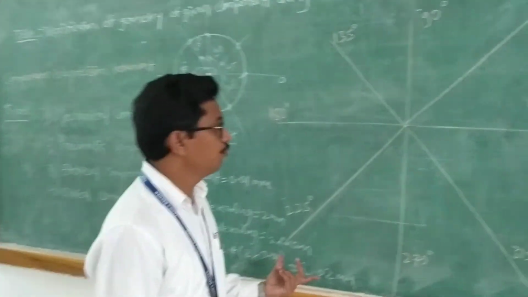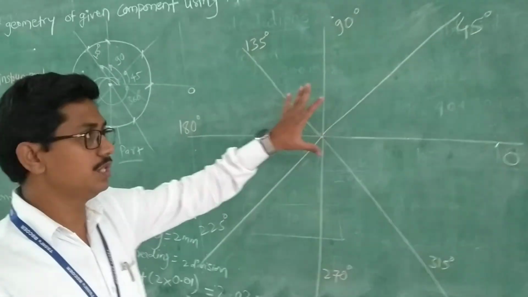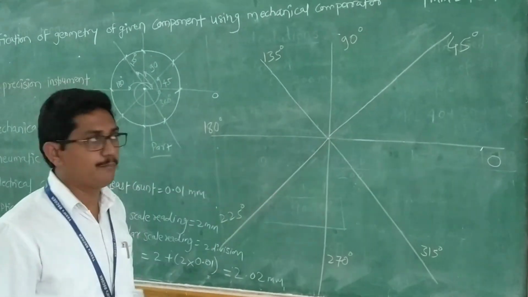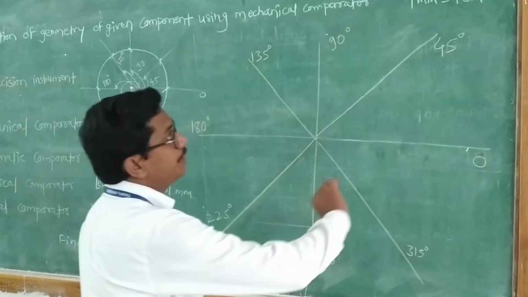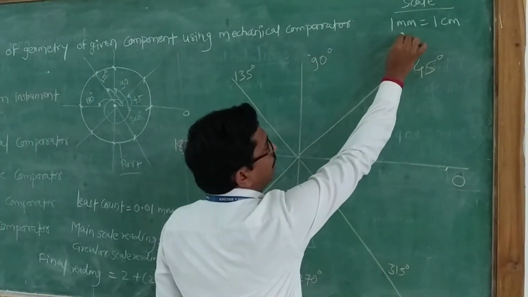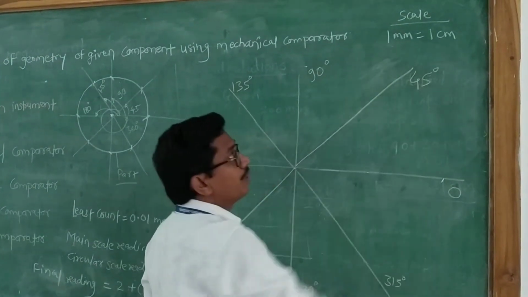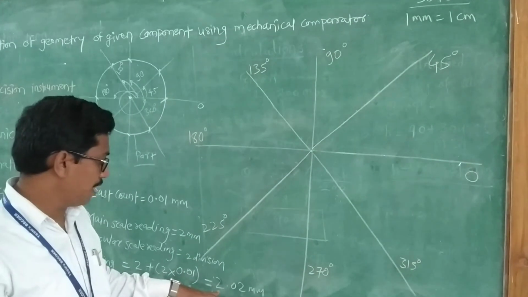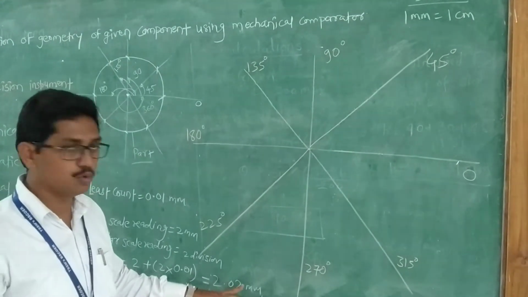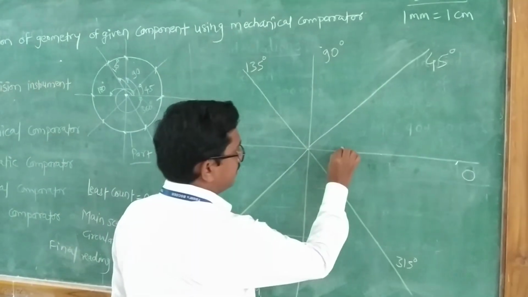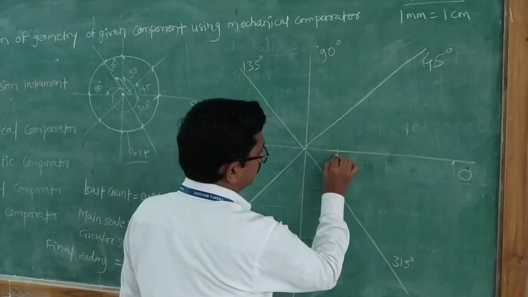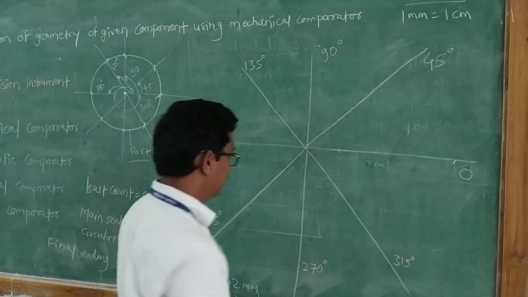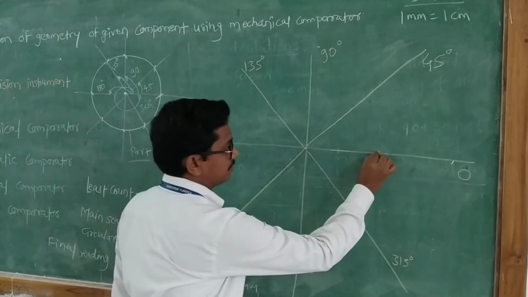This deviation we can plot onto a graph so that we easily get the circularity of that part. Here we need to assume a scale, so we have assumed 1 mm equal to 1 centimeter for representation purposes. As the first reading is 2.02 mm, I will mark it here. Suppose this is 1 centimeter, this is 2 centimeters, so the first reading is at 2.